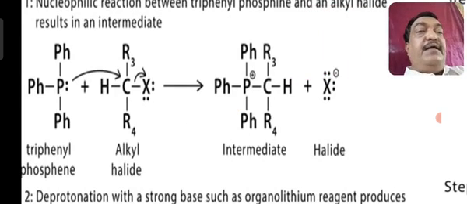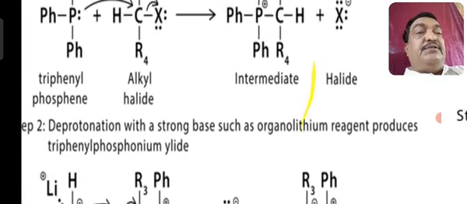It can be prepared just by treating triphenyl phosphine with an alkyl halide. The lone pair of electrons shifts and you will get the intermediate containing P plus and C minus. So this C minus formation is possible here.